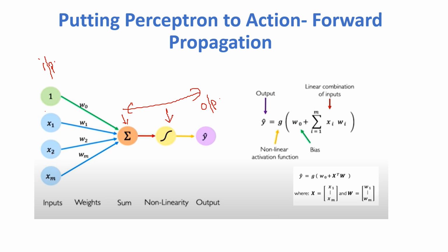Now each feature is associated with a weight, because not all features are important to do the classification task or any task we are destined for. For instance, let's say we are classifying an image, distinguishing between a dog and a cat.